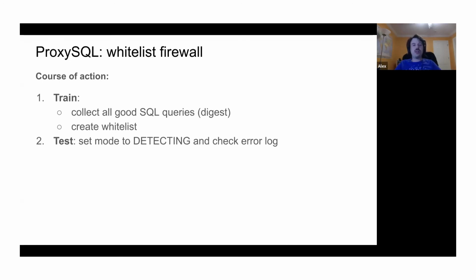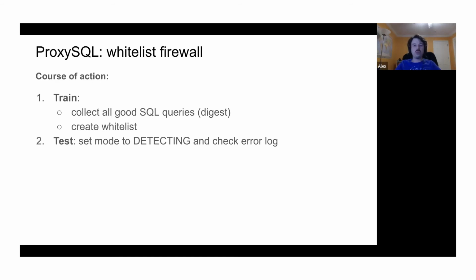Then the second phase is to test. We'll set the mode to detecting and check the error log. In this phase, we are expecting to see some warnings. In the detecting phase, we say, okay, this is the set of whitelisted queries, and everything else is not good, but we are not ready to just block them yet.